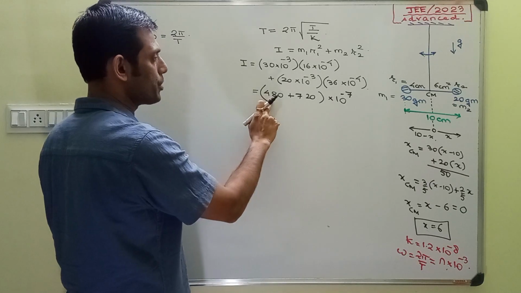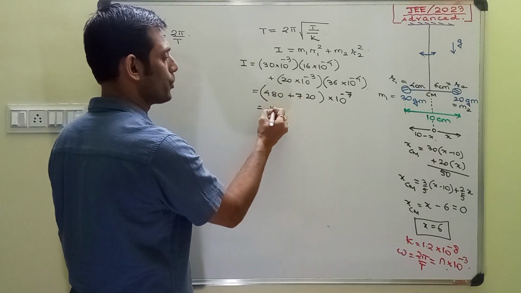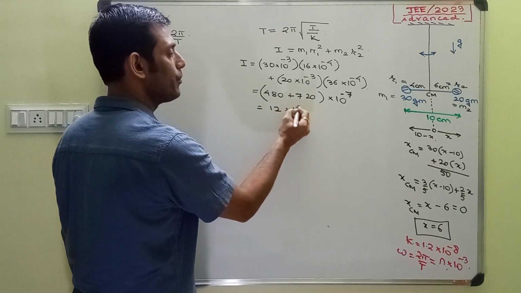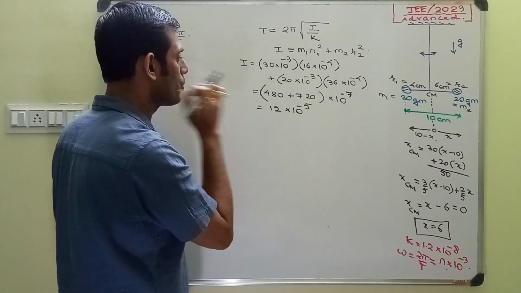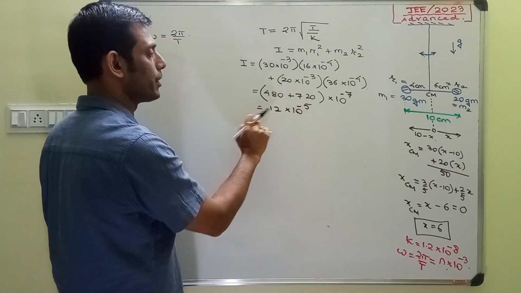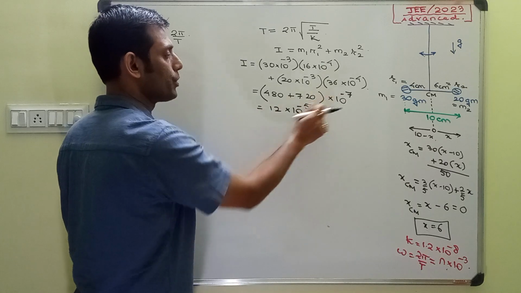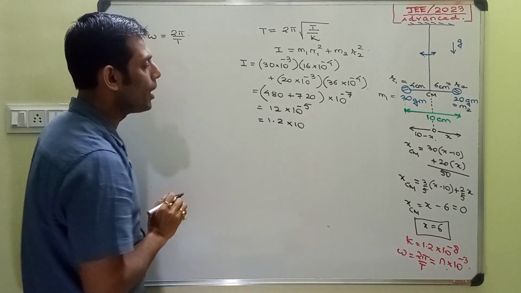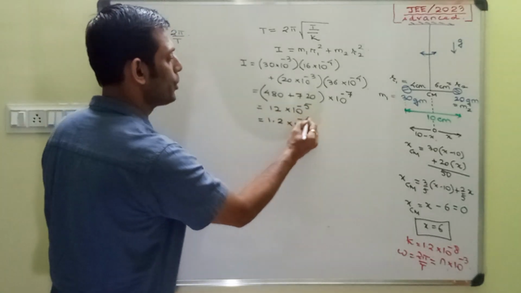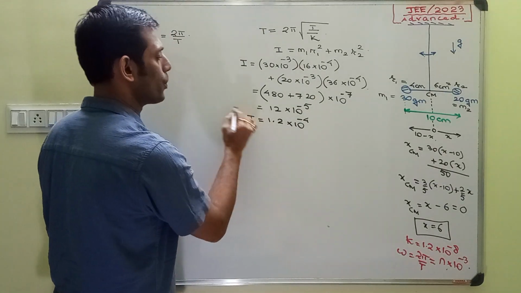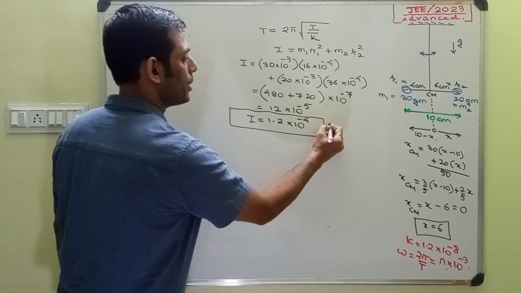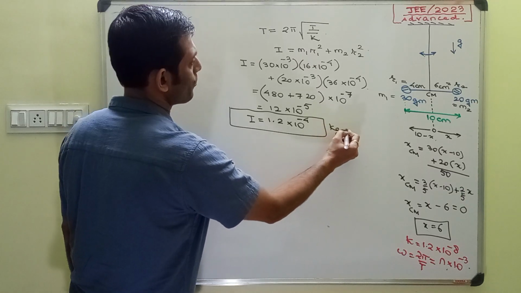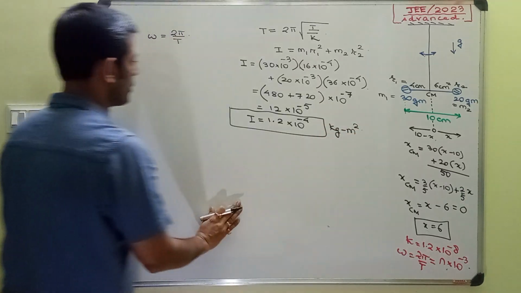This makes it approximately 500 plus 700, 1200. That means 12 into 10 power minus 5. This is 1.2 into 10 power minus 4. This is the moment of inertia in kilogram meter square.